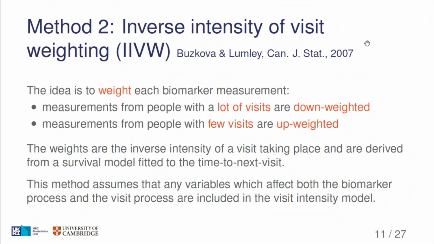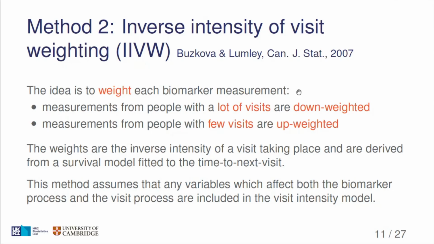So we're adjusting for the total number of visits for that person. A more statistically robust method is what is called inverse intensity of visit weighting. This is similar to methods that account for selection bias that use some kind of probability weighting. The essential idea is that when you're fitting the model, you weight each biomarker measurement.